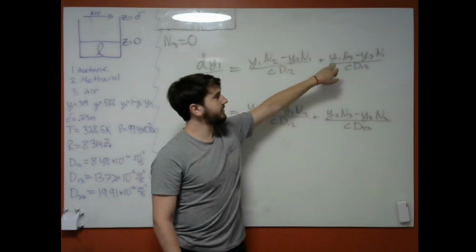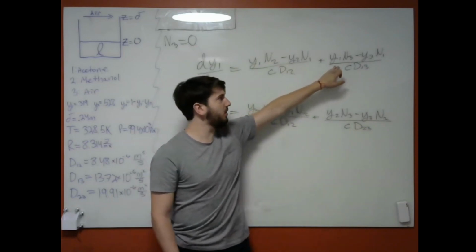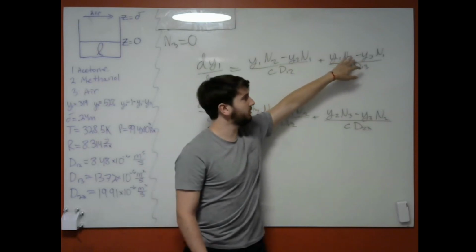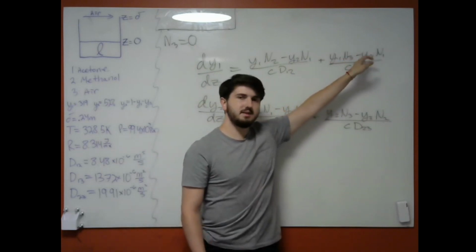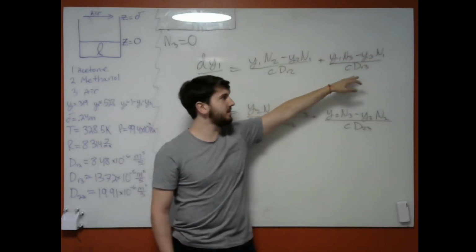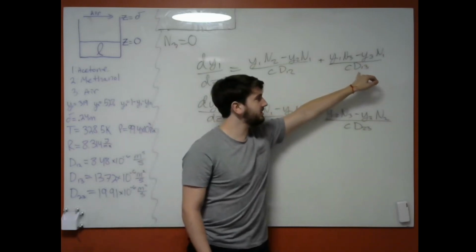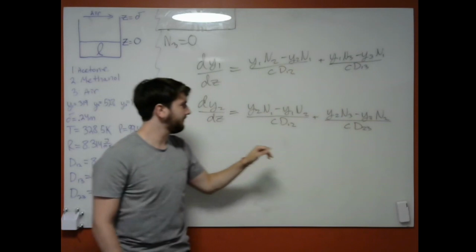Here we have that added to the mole fraction of component 1 times the molar flux of component 3 minus the mole fraction of component 3 times the molar flux of component 1 all over the total concentration times the diffusivity from 1 to 3.